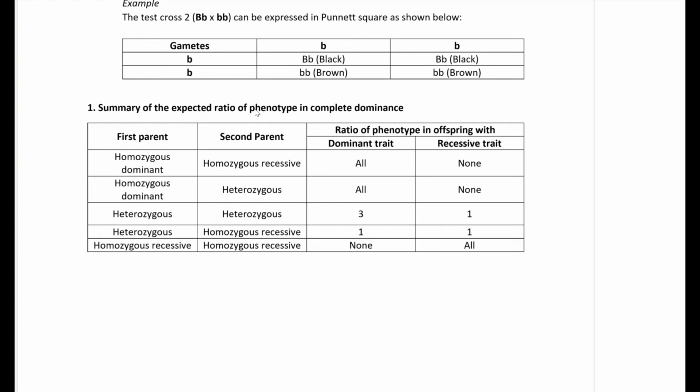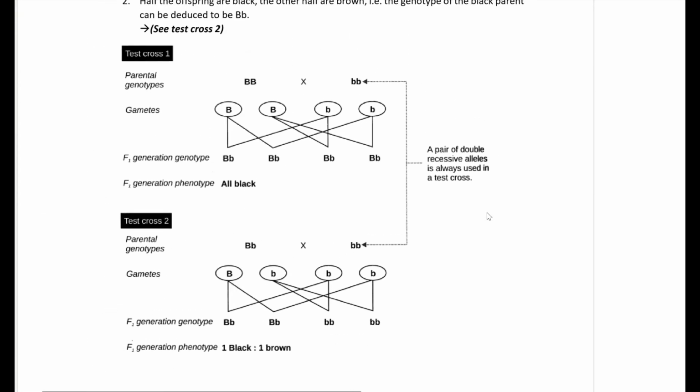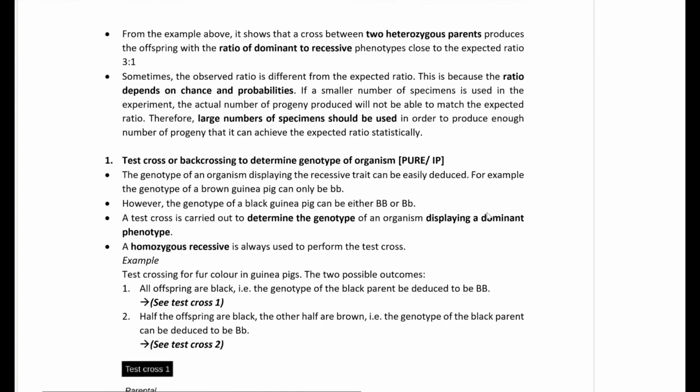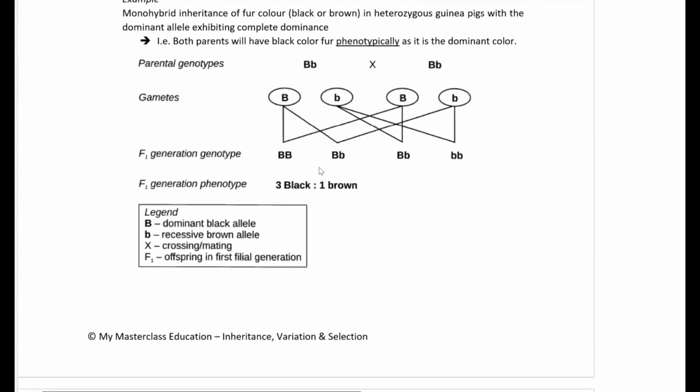It won't always be observed in the same way because of small samples. If one parent is homozygous dominant, all the offspring will show the dominant trait. If both are homozygous dominant, same thing, because both alleles are dominant. If both are heterozygous, I get a 3:1 ratio, which you saw earlier.